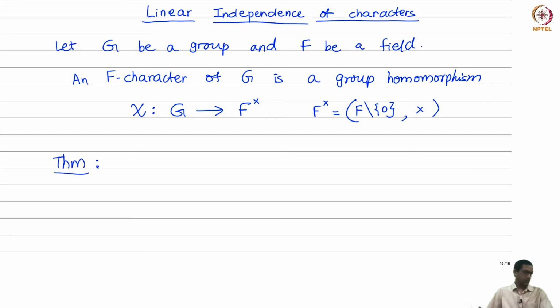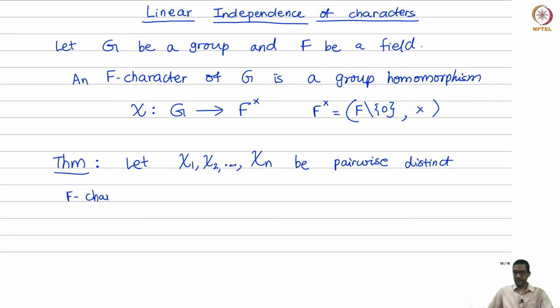It says that if I have a collection of characters chi1, chi2, up to chi-n, let's say chi1, chi2, through chi-n be pairwise distinct F characters of a group G, then the chi i are linearly independent.